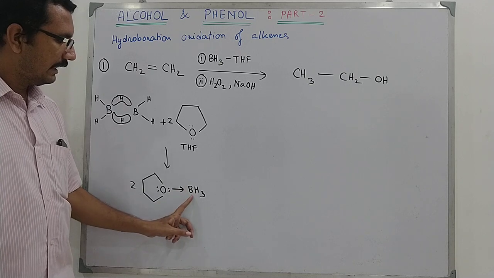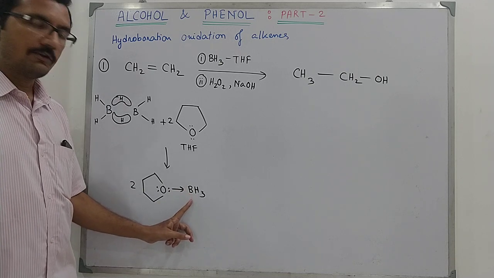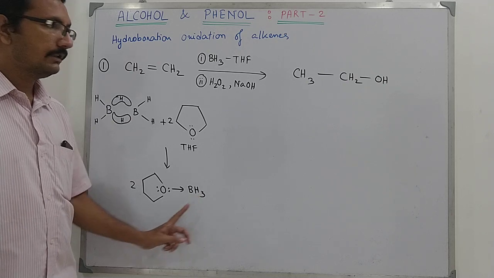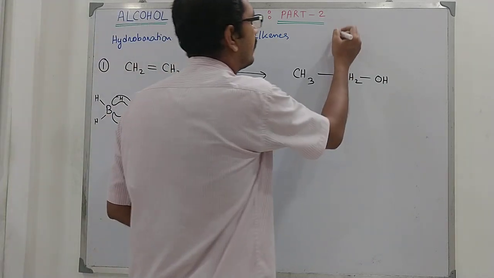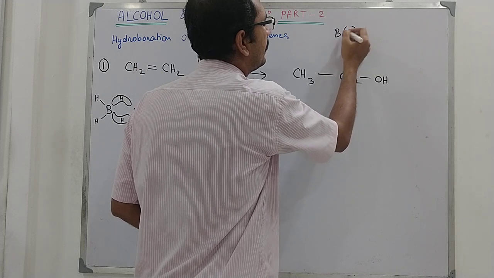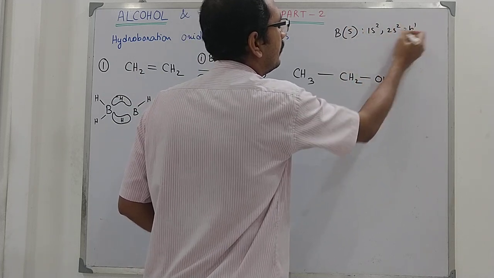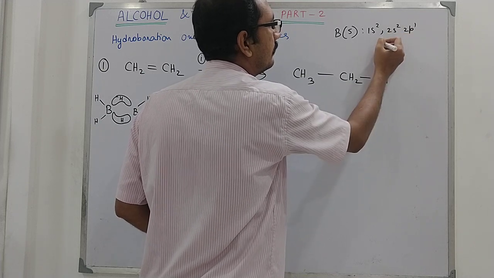This is because boron has 5 electrons in total. So 5 plus 3, it will be 8. You can see the electronic configuration of boron. So it has 5 electrons in total and it has 3 electrons in the valence shell.